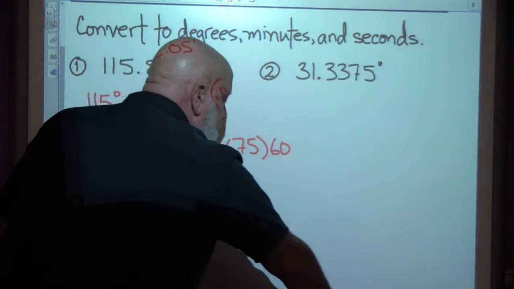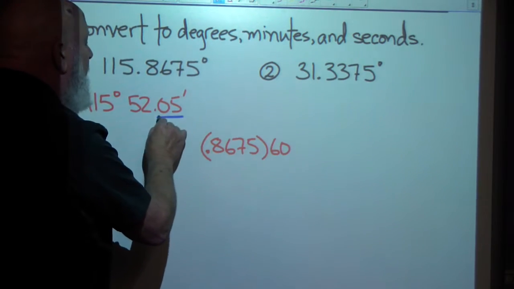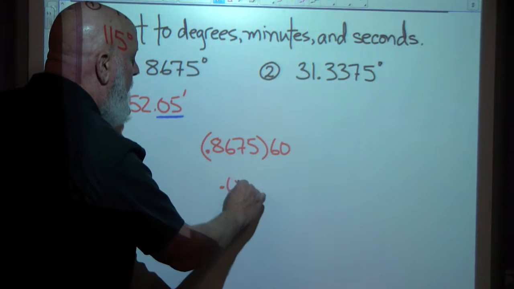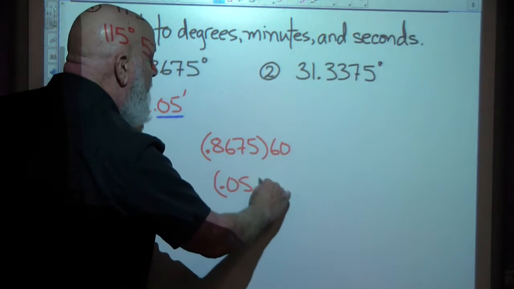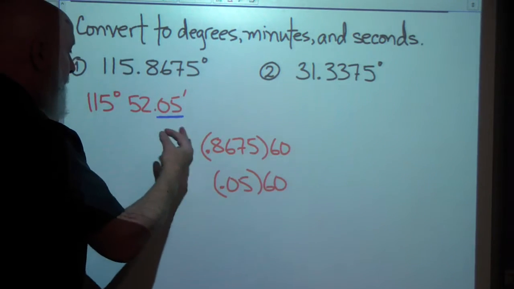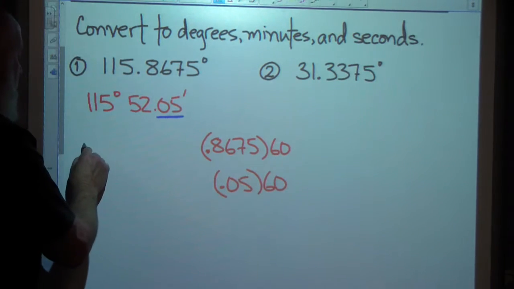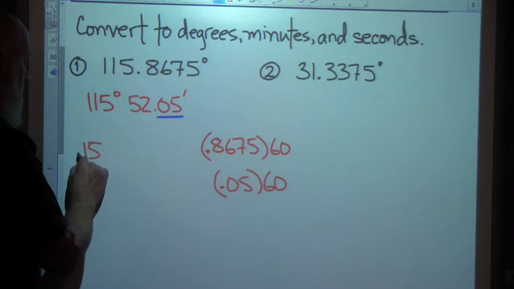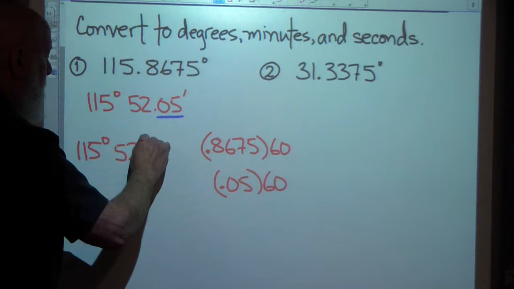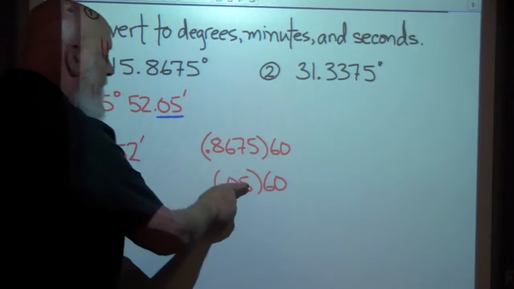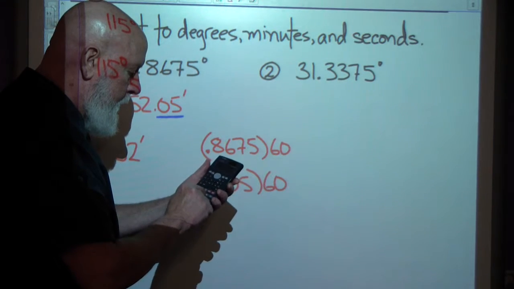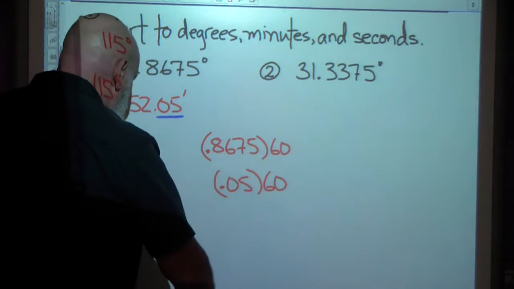So now I'm going to take this decimal part right here, 0.05, and multiply it by 60. And that will convert these minutes into seconds. So now I've got 115 degrees, 52 minutes, and 0.05 times 60, 3 seconds.